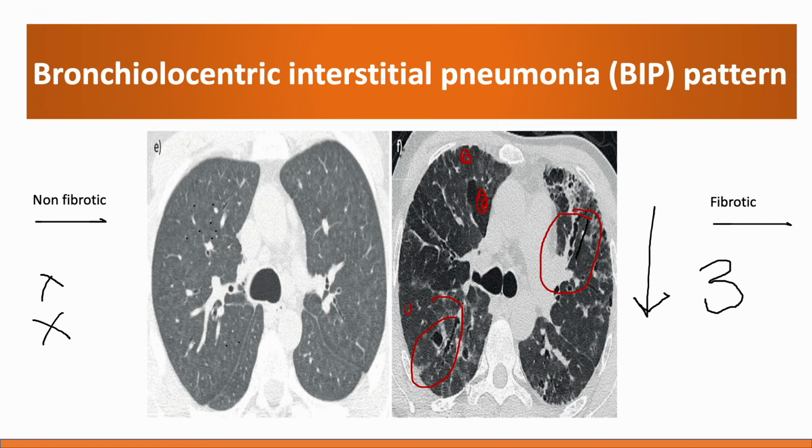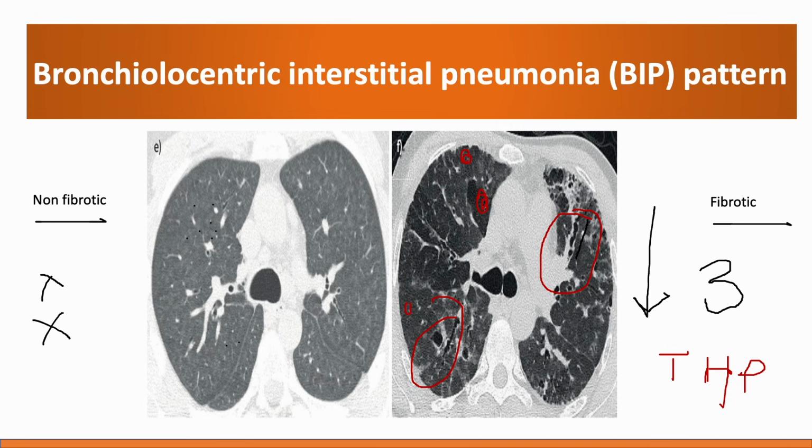And this combination of findings, if you see it with the BIP pattern, then it would be given the name of a typical HP pattern. So, when the clinical diagnosis is made and the clinical information is combined along with this radiological finding, with or without the histopath finding, then a typical HP pattern would be a combination of these.